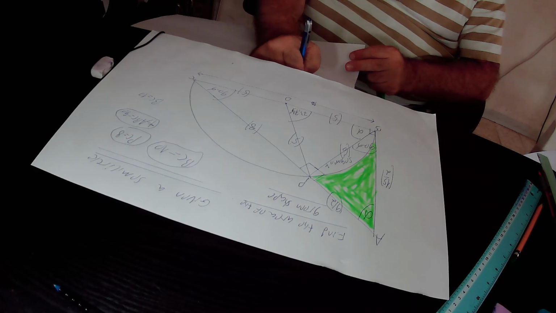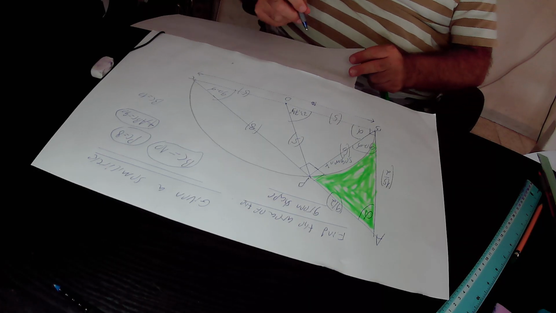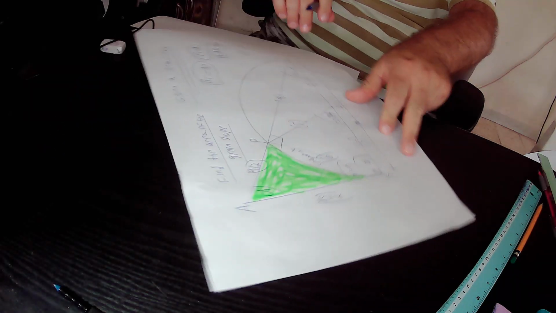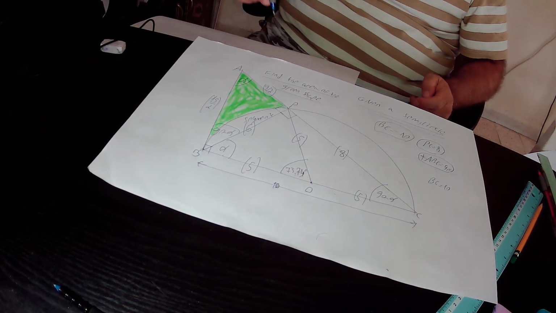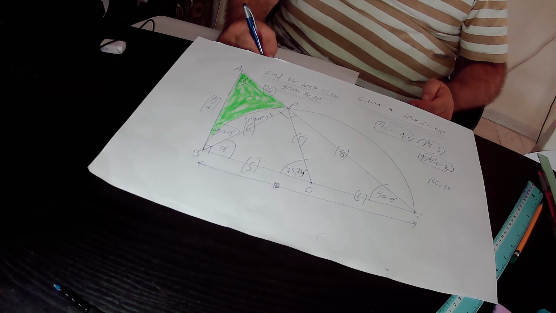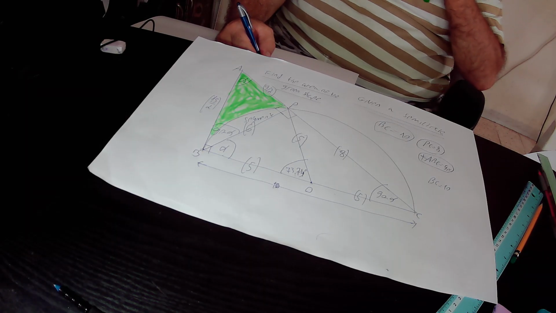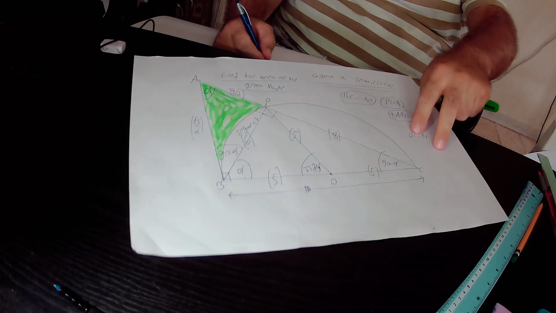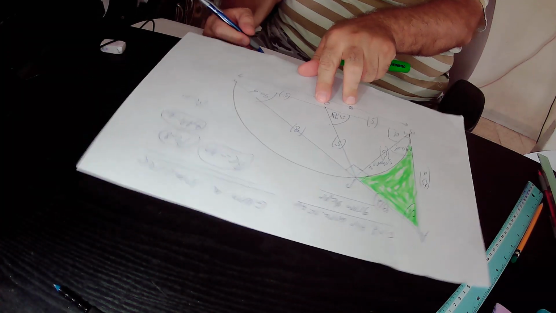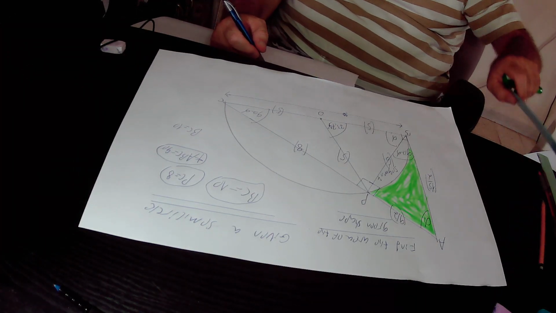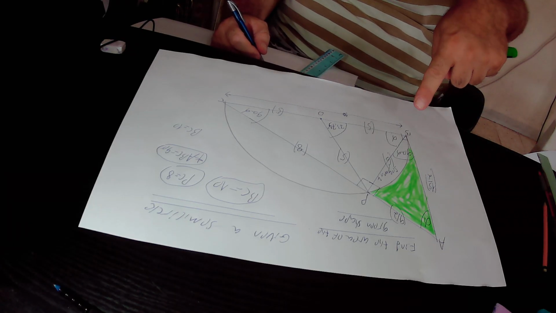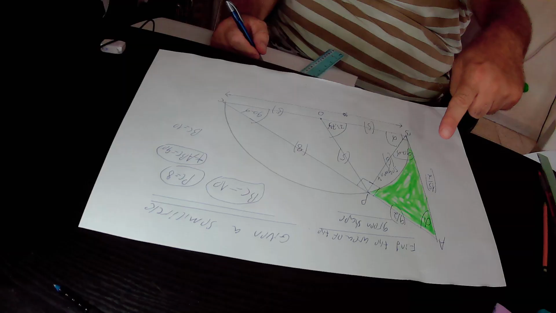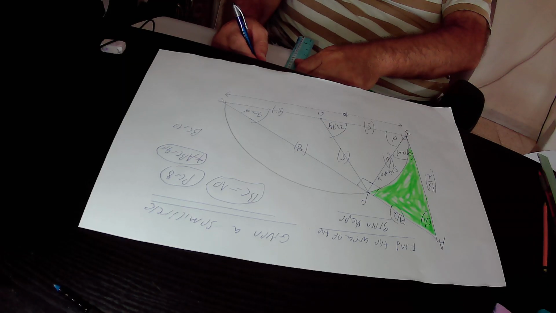From the drawing, it is very easy to see that the area of this green shape is equal to the area of triangle APB minus the area of segment BP.